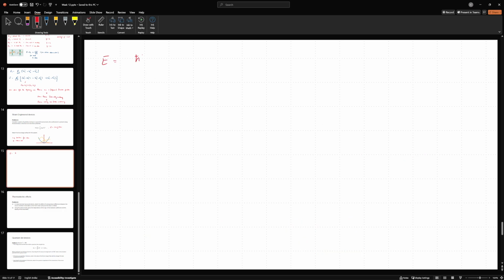So this is h bar squared upon 2m into kx squared plus ky squared, plus n plus half h bar omega. So this is due to the z confinement.